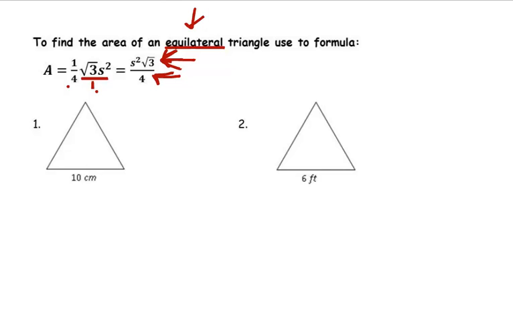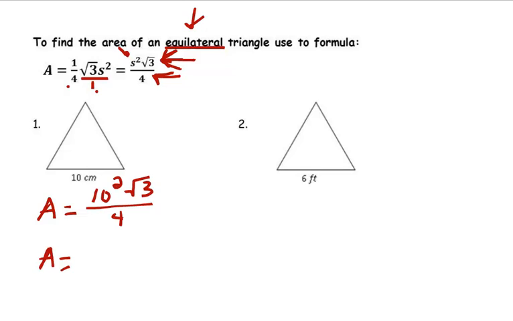So if s is your side, I'm going to do the area here of an equilateral triangle: one side squared, 10 squared, times the square root of 3 over 4. Now when we do these, you want to leave them in simplified form.